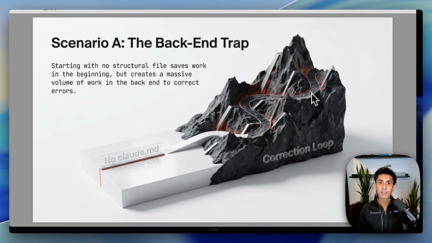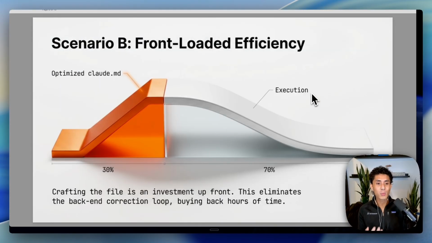But then what does it look like if we start with a Claude.md file? Well, that's what's great: at first it's going to be some work. But then if we think about what it's going to look like in the backend of our entire project flow, it's going to go so much more smooth, guys. And this is fundamentally so important.